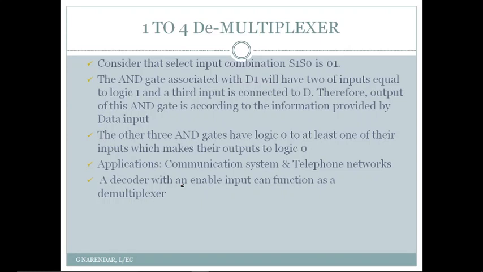A decoder IC can be modified and used as a demultiplexer circuit.